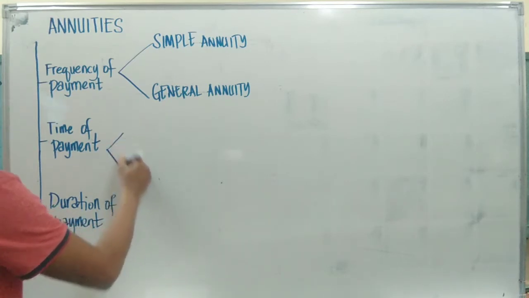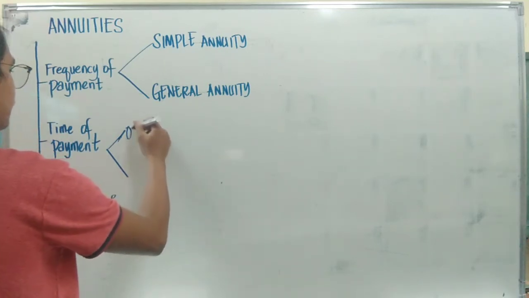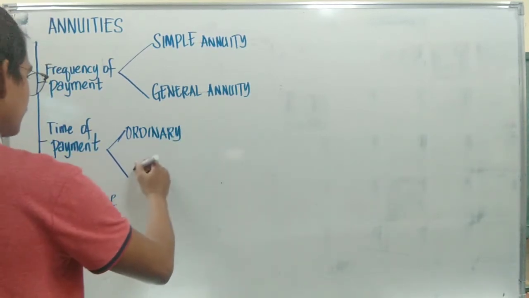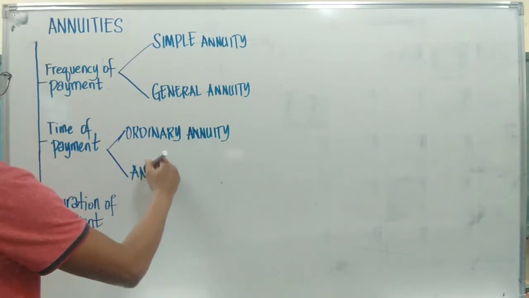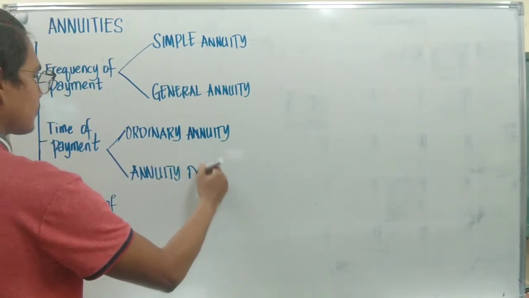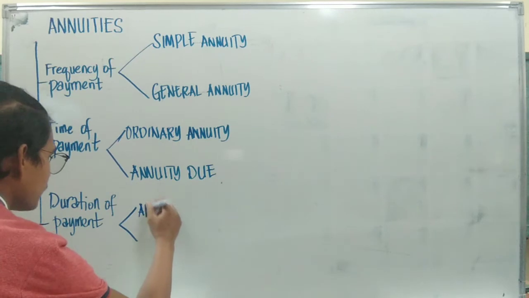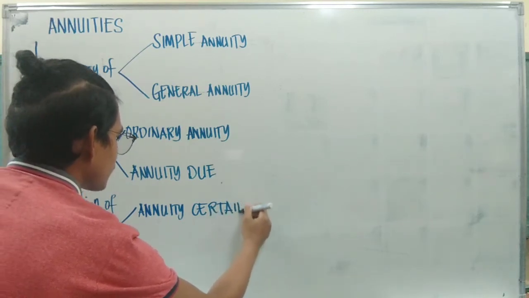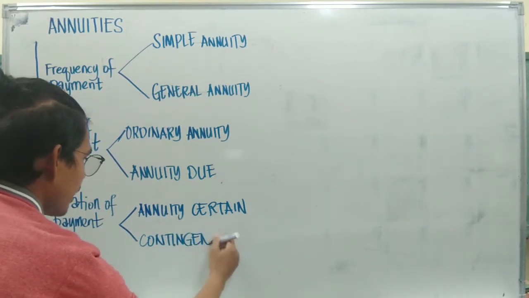Then for the classification under time of payment, we have ordinary annuity and annuity due. Then for the duration of payment, we also have two types: annuity certain and contingent annuity.